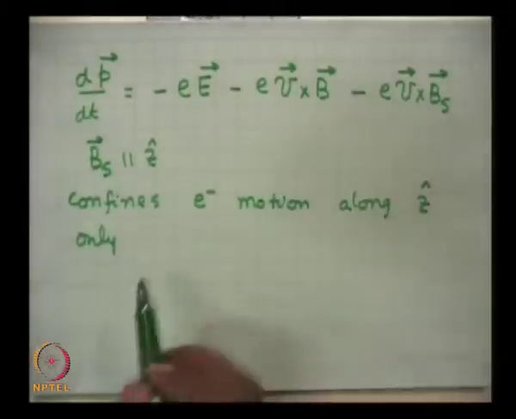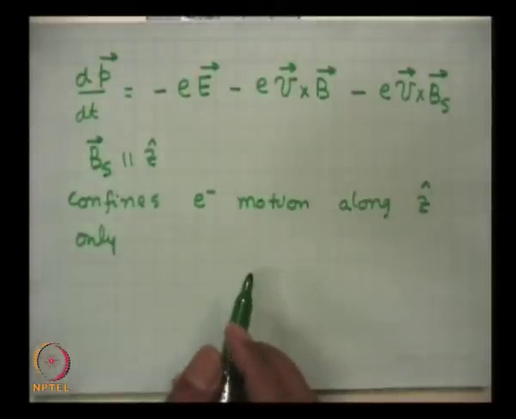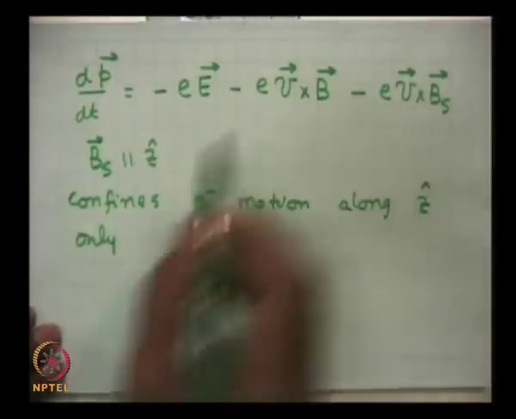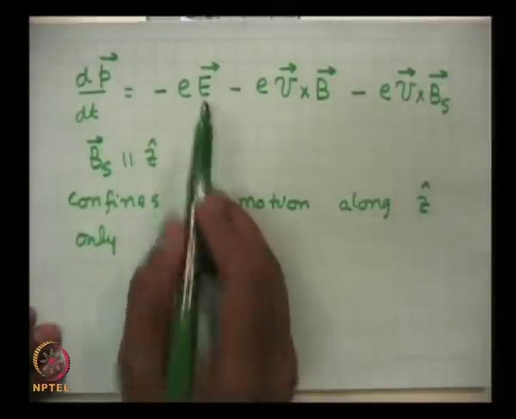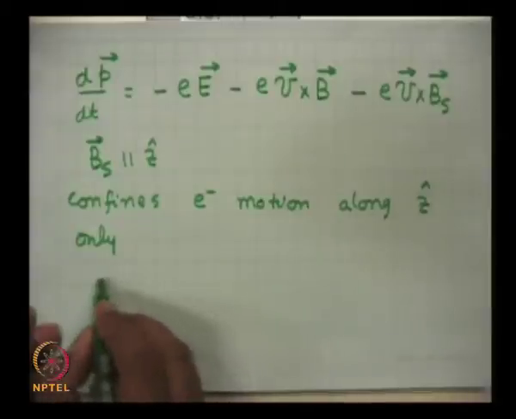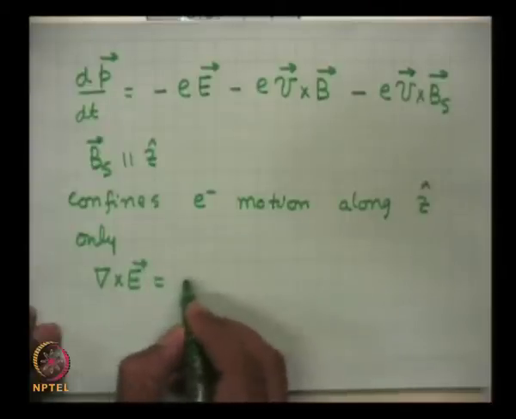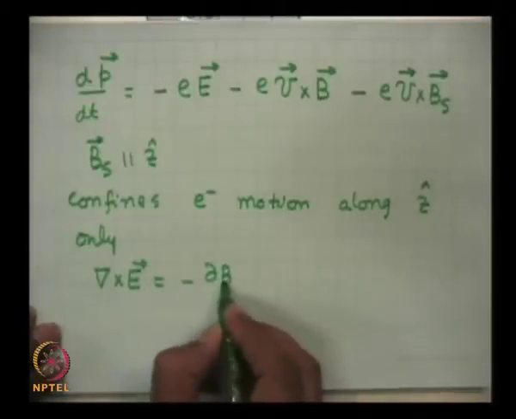And how about this B field here? B field of the wave I can recover from the electric field of the electromagnetic wave, because from third Maxwell equation, curl of E is equal to minus delta B by delta t.